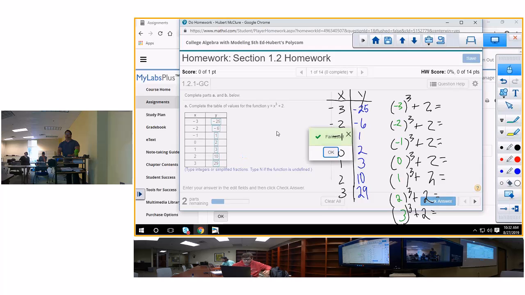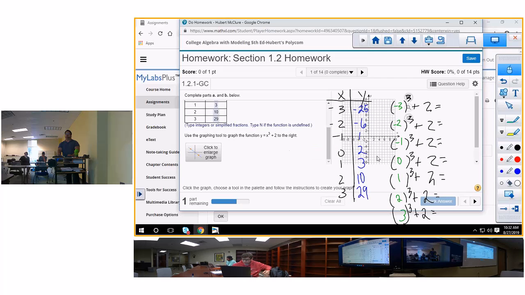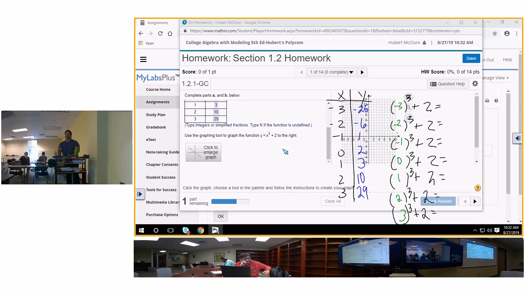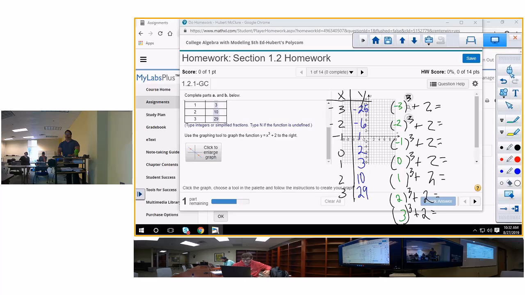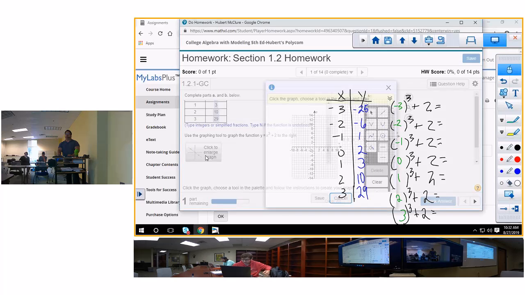And we feel good about ourselves. And they want you to graph it. Oh, God. This is gonna cause a lot of y'all to melt down. Anyway, I don't know what it looks like, so it says click to enlarge the graph. Well, I'm trying, won't let me. There we go.